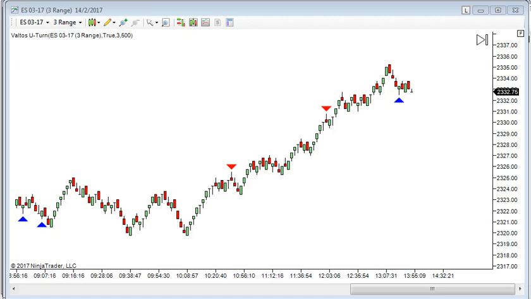I don't say you don't need them, but a lot of this stuff becomes secondary. Obviously, if you're looking at a bar chart, you're going to need it. If you're looking at an order flow chart, you can sort of pick up some of these things by yourself. But again, it comes with experience. You got to have the experience of looking at the charts and know what you're looking for.